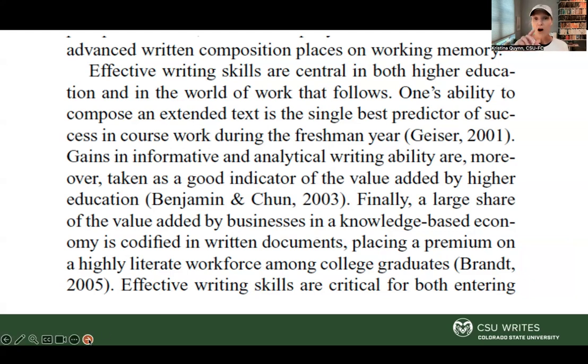And every point that they're making connects to a particular source, right? Geiser 2001, Benjamin 2003, Benjamin 2003, and Branch 2005. I think the article is from 2005, 2007, somewhere around there. So these are current at the time. I like using this example because it's well written and it's topically of interest to me.